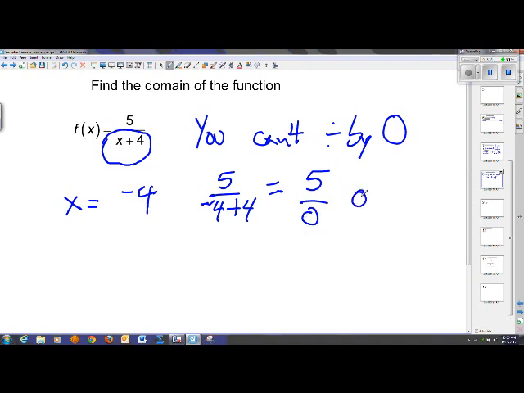That's undefined. Therefore, the domain, and this is how we're going to write it, is all x's such that x is not equal to -4. And that's my domain.